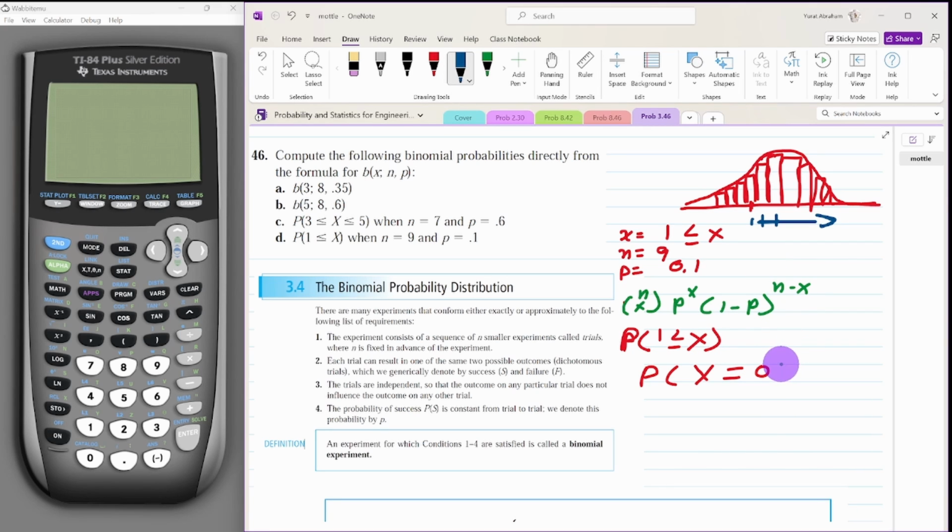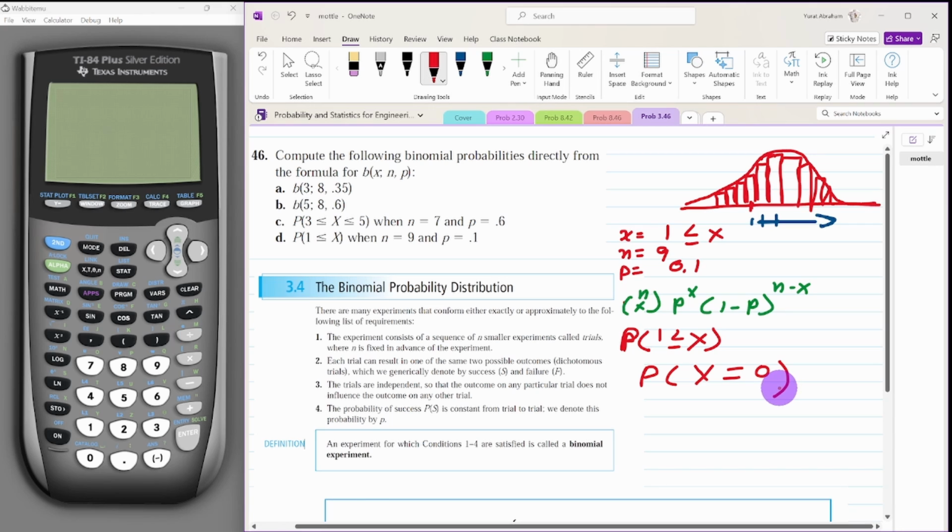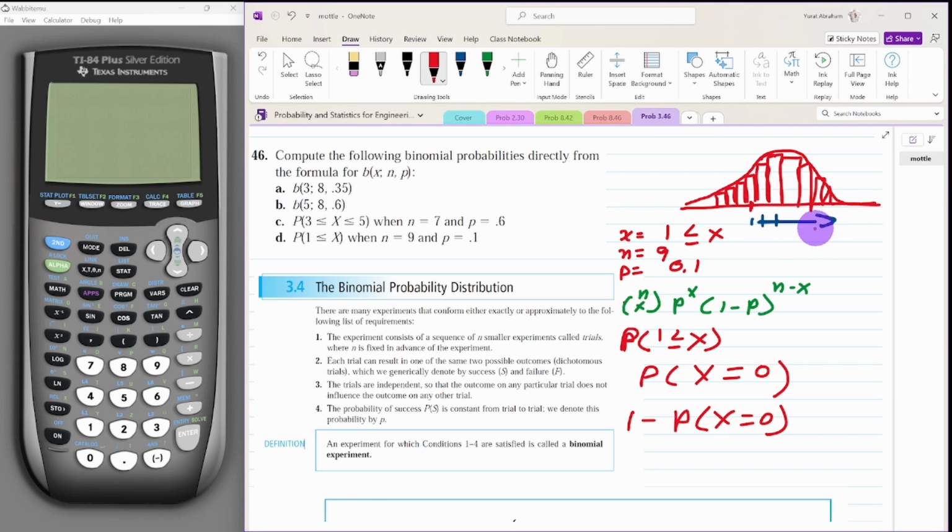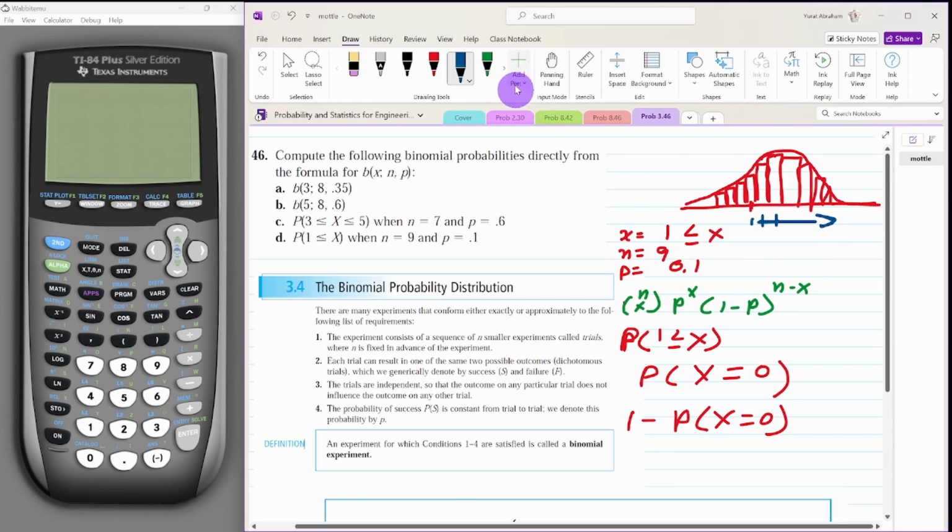Alright, so what we do know is that we can find the probability when x equals 0, and then when we do 1 minus the probability when x is equal to 0, we find the other side right here. Let's assume 0 is here, and we do the probability of 0, and 1 minus that is the other probability.